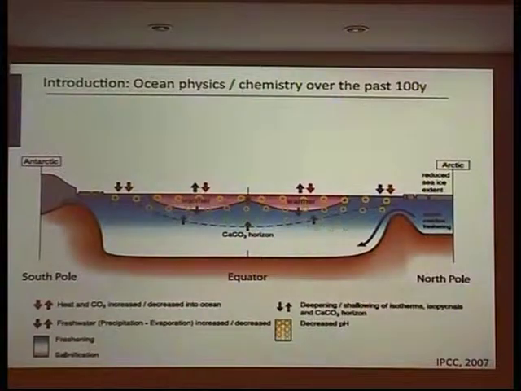Decreasing pH, that's the yellow circles here. And you have also a showing of the saturation horizon for calcite and aragonite. We'll come back to that in the lecture where I will mention ocean acidification. So that's the chemical and physical changes in the ocean that are both due to increasing greenhouse gases in one case, that's the physical changes, and to only increasing CO2 in the other case, that's acidification.